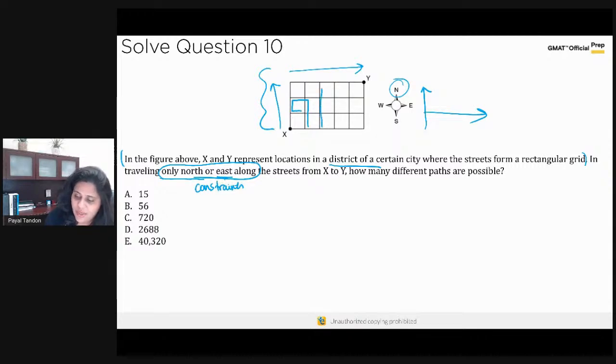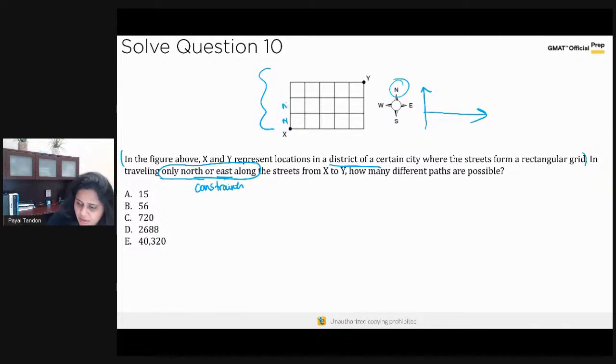You can either go here or here. You can decide to go up, here, here, here. All of that is fine, but you cannot really go zigzag. You cannot go back. You cannot come down. So this part is actually giving you the constraints so that you can visualize the problem well.